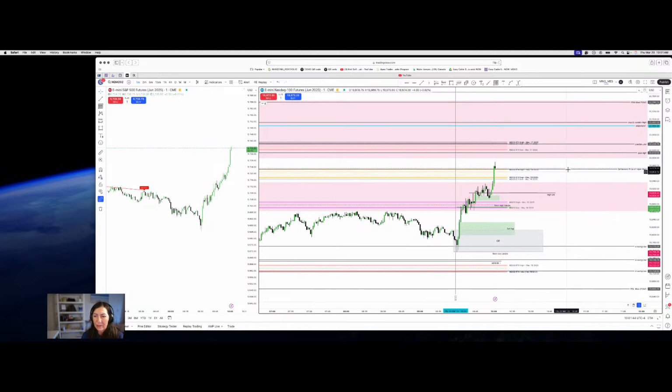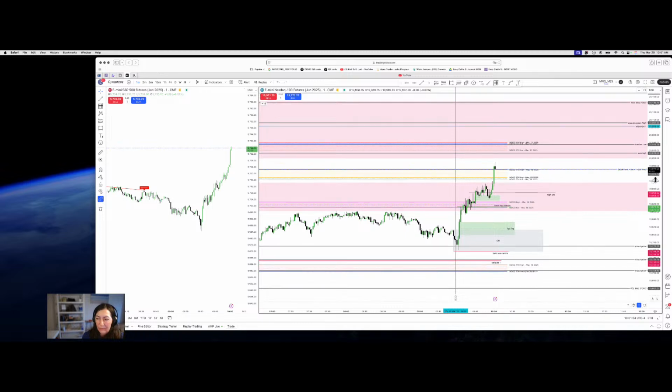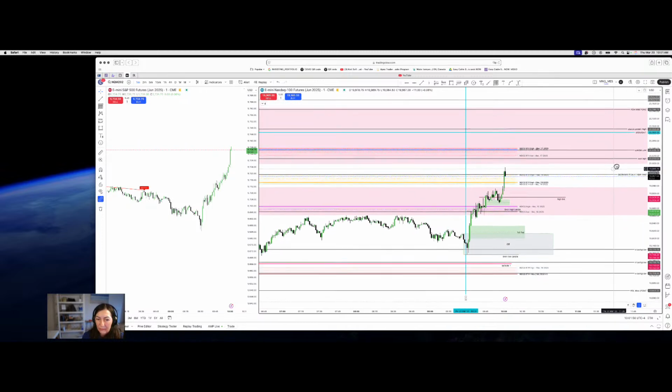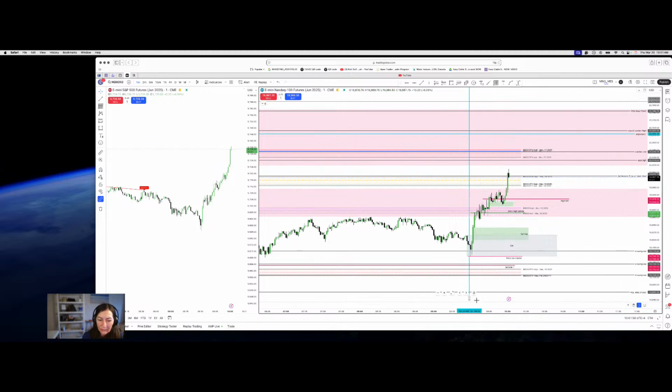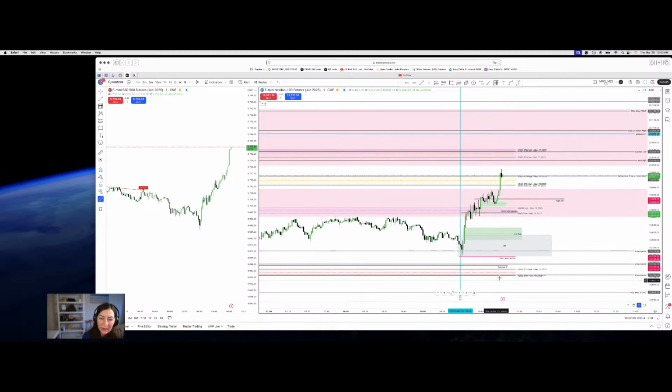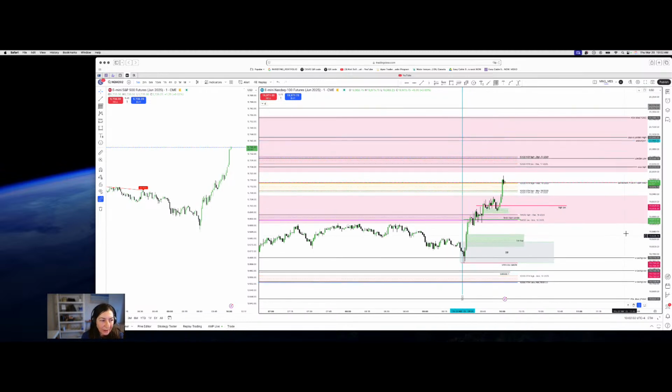Yeah, we've just reached the settlement price from yesterday. This is where price closed. It's 10:02. Started the kill zone.